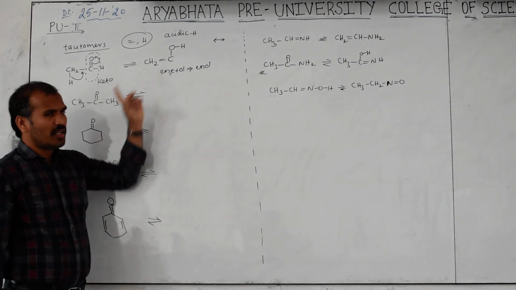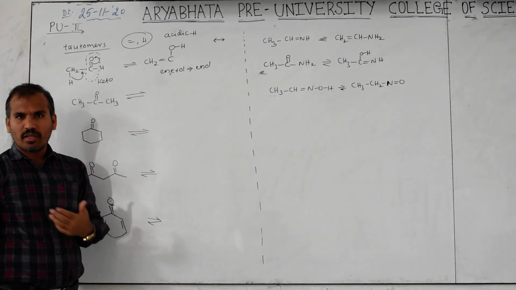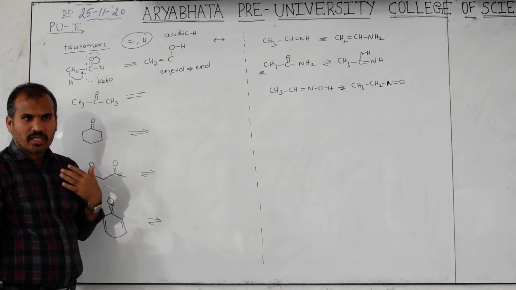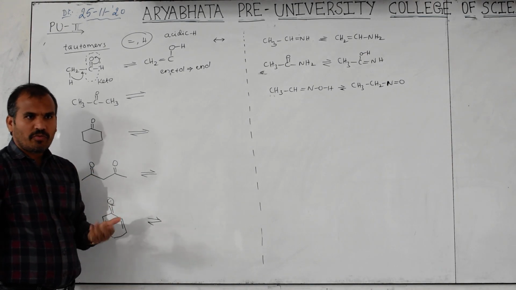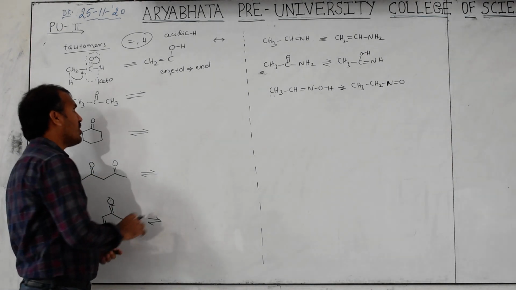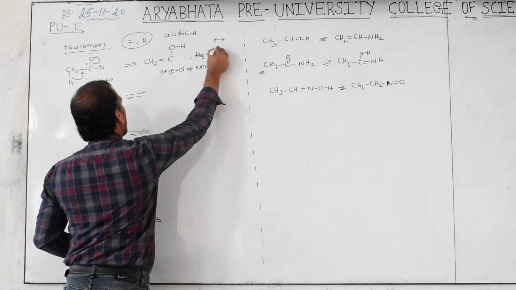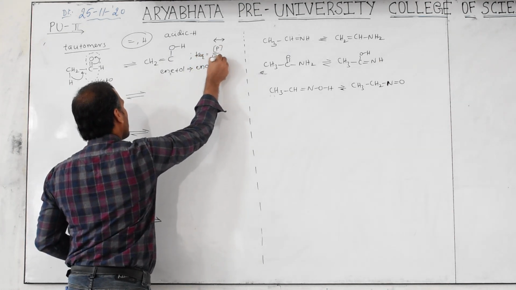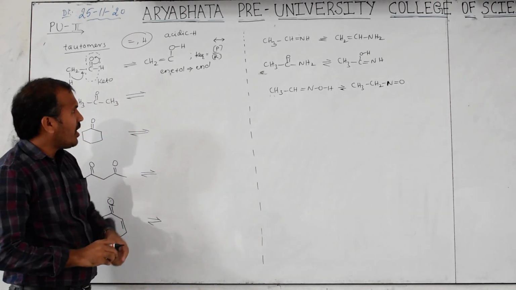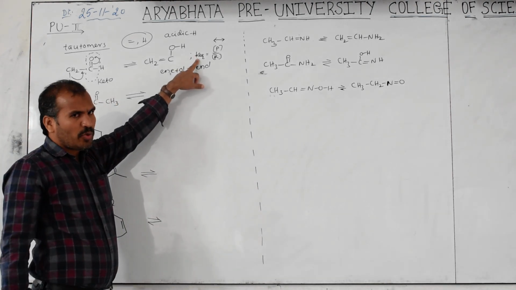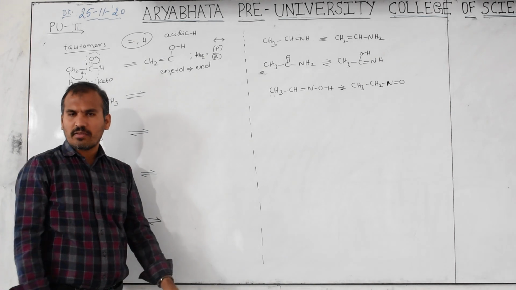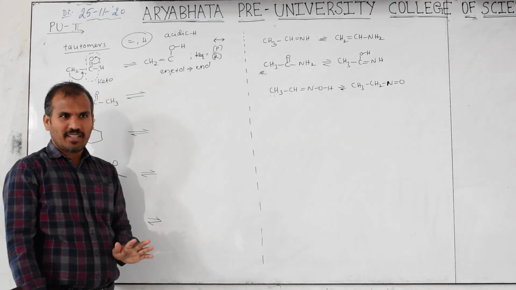Now these are interconvertible. Already we know from the equilibrium chapter that forward reaction and backward reaction take place. It depends on which is favored. So you know that K equilibrium is equal to what? Product concentration by reactant concentration. When K equilibrium is high, is the product concentration or the reactant concentration high? Apply mathematics now.